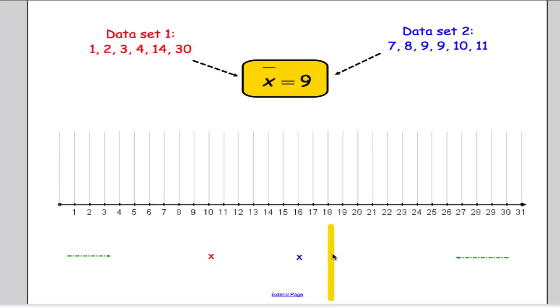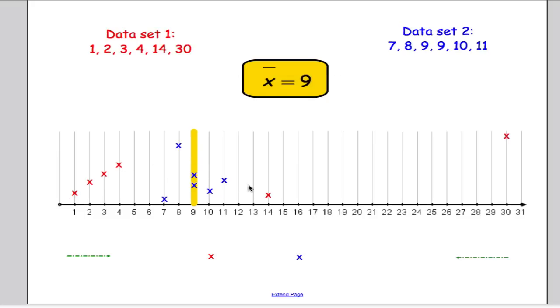But if we draw a diagram to represent where these data points are, something should come to light. So if I use this line here to represent the mean, and then I start dropping the data points, so we have 1, we have 2, we have 3, and I'll add on the rest of the data points as well, so 7 will be in there somewhere, and so on and so forth until I've built up a diagram like so.